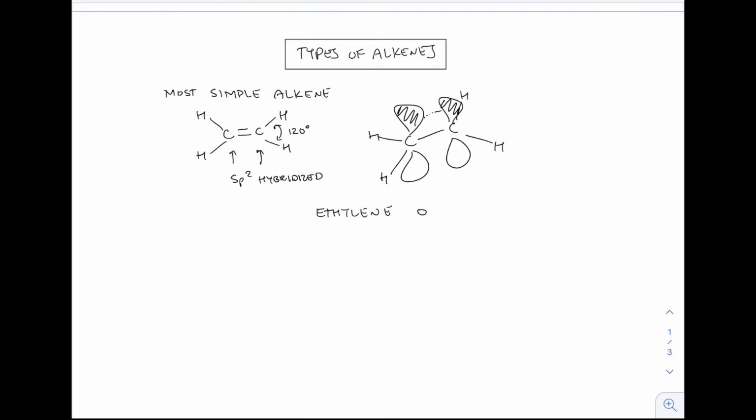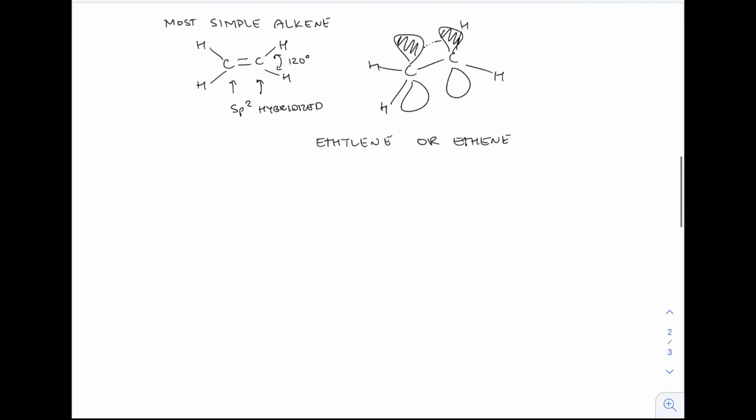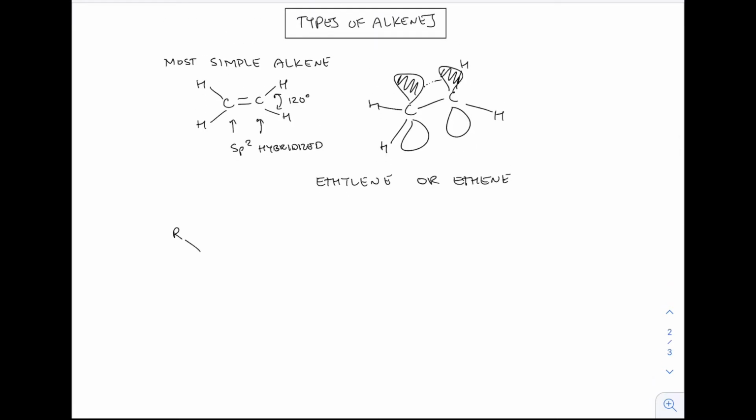And that's really what it's all about when you're forming alkenes. Ethylene or ethene is the name of this most simple alkene, and from this we can move forward and start putting R groups on one of those carbons, right? And so this is what we mean by types of alkenes.